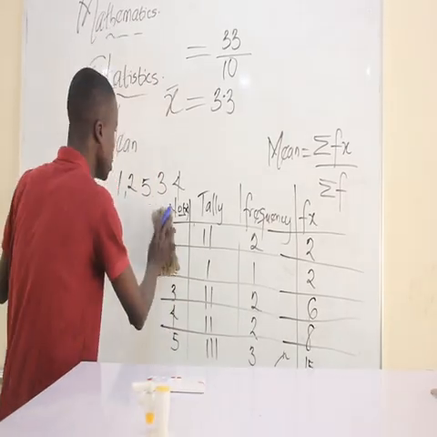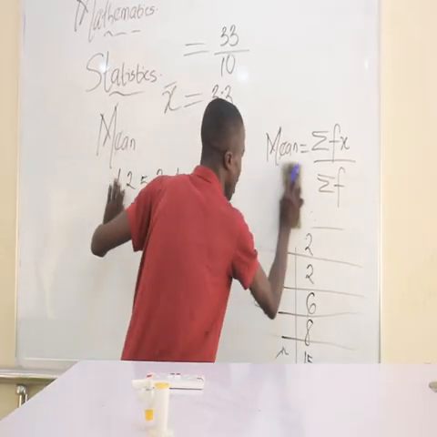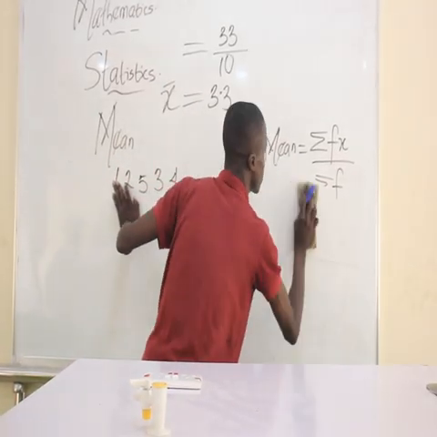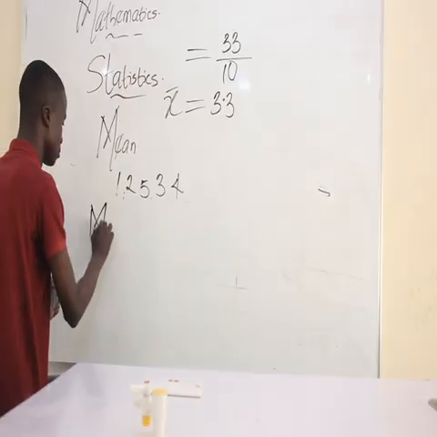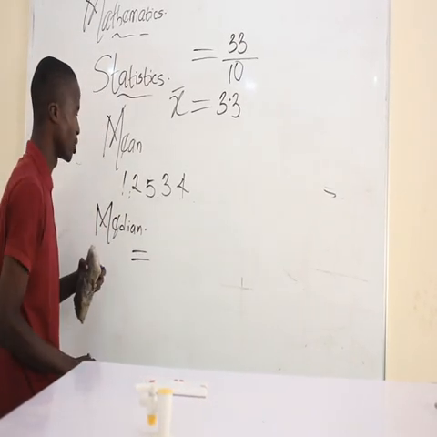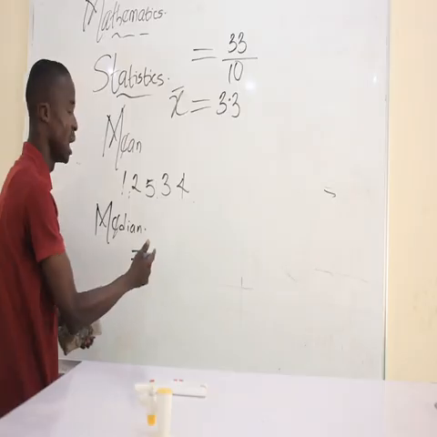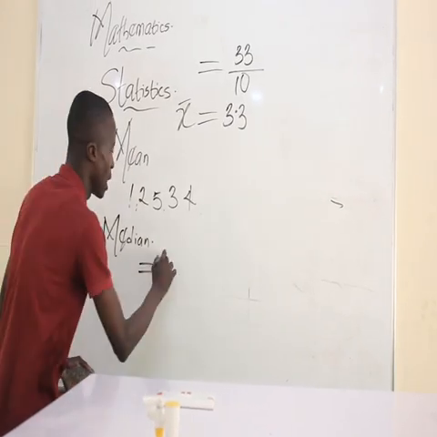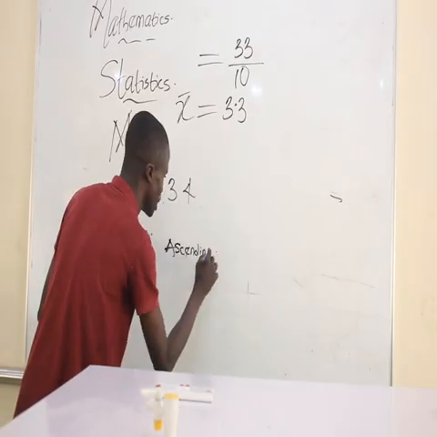For example, using this same example that we have on the board, if we are asked to obtain the median, for me to obtain the median of this set of numbers, I have to arrange it. Now I want to arrange it in ascending order.